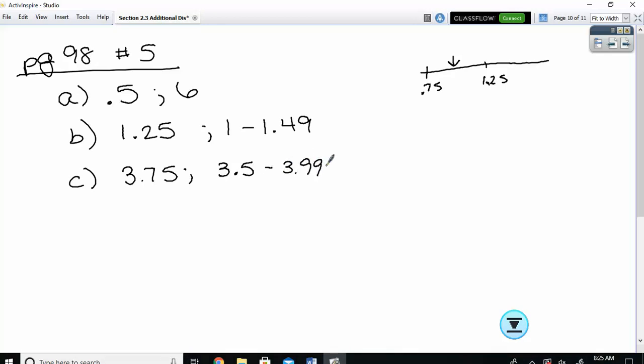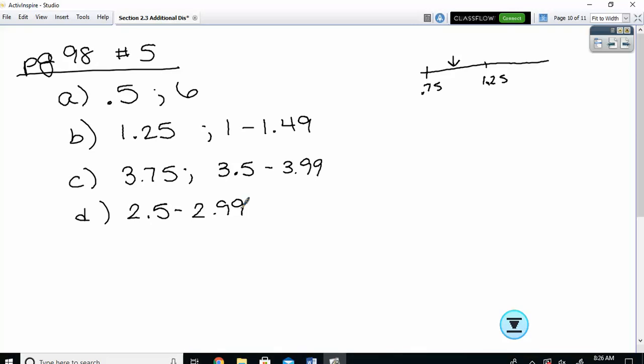Good. All right, D. What are the lower and upper limits of the class with 25 students? So which class has 25? 2.75. So that one would start at? Start at 2.5. 2.75 is the midpoint. So the real class started at 2.5. Would have to end at 2.99.